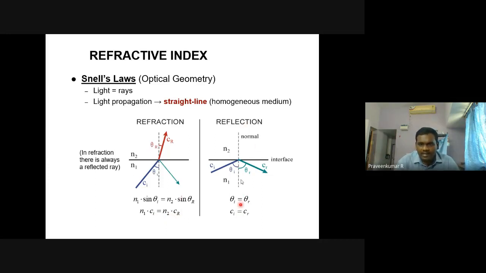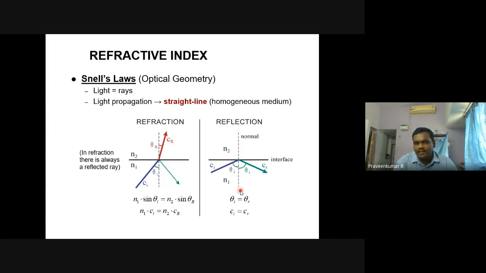And you can see the reflection system. Theta I definitely should be equal to theta R. So for this example, if I am taking CI, it makes an angle with respect to the normal line of 35 degrees.